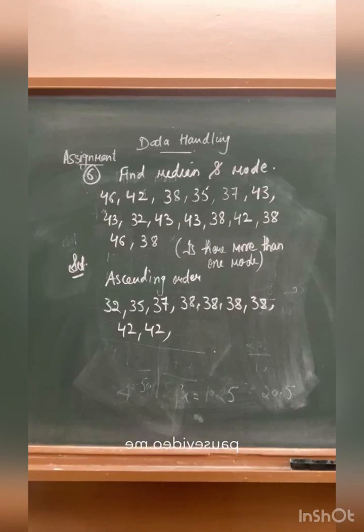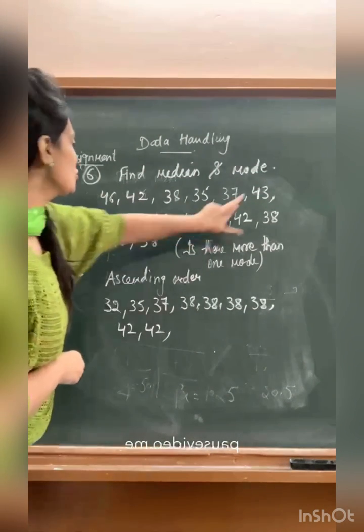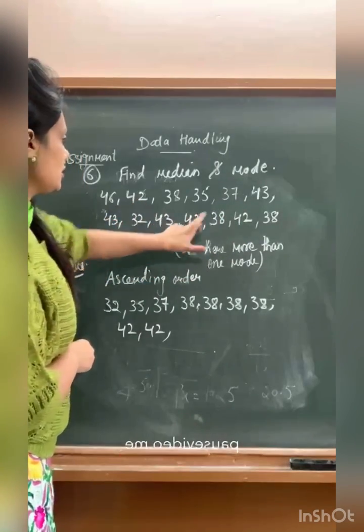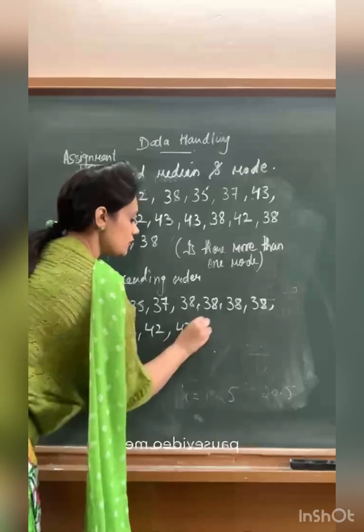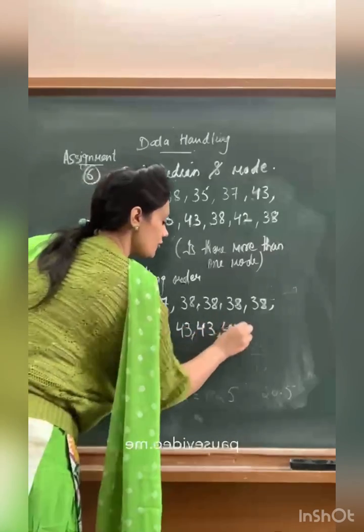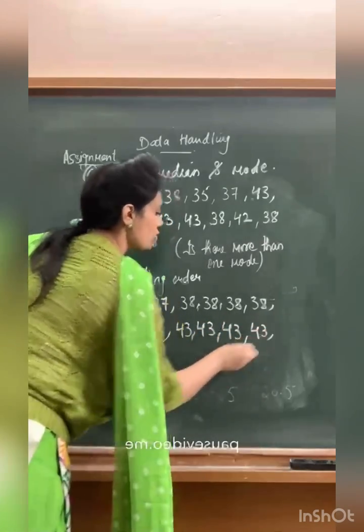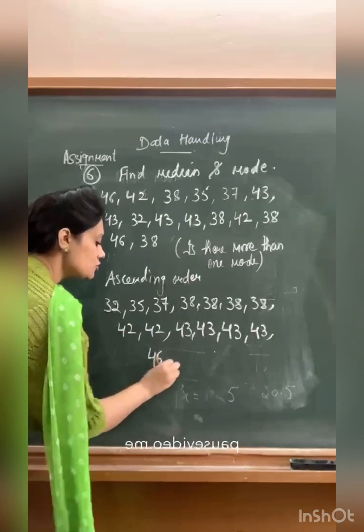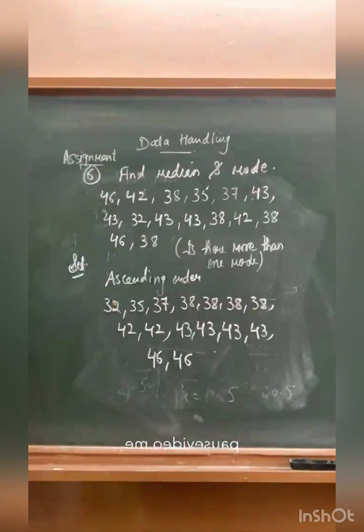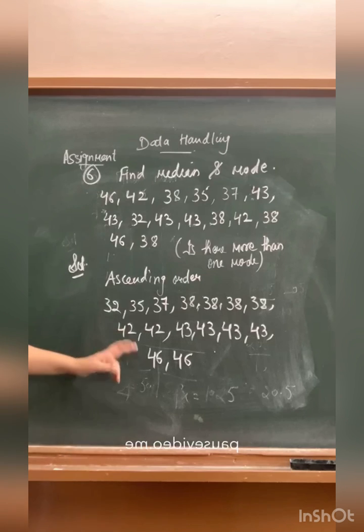After that 43, 4 times. 1, 2, 3 and 4. So we will write 43 4 times. After that we have 46, 2 times. Right? So now we have arranged the observations in ascending order.